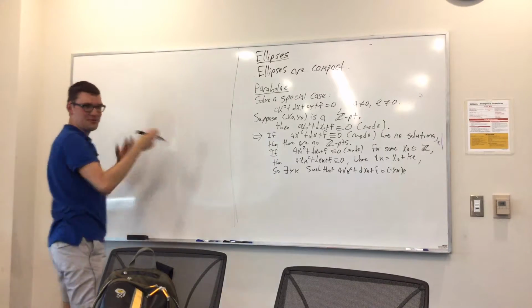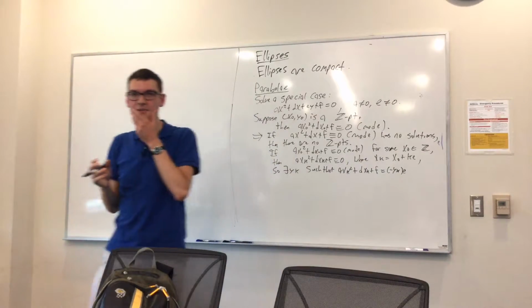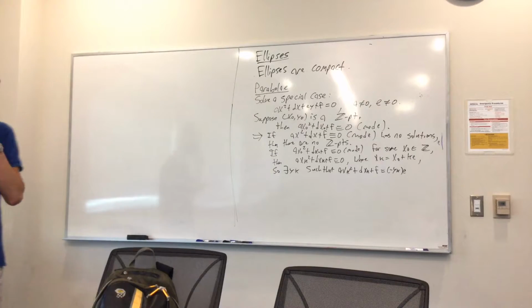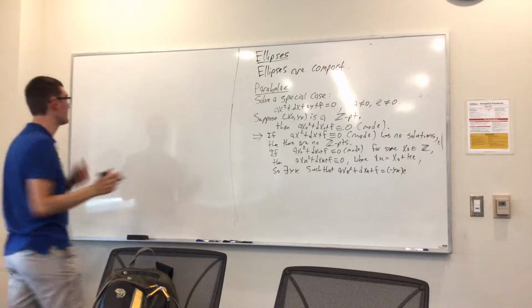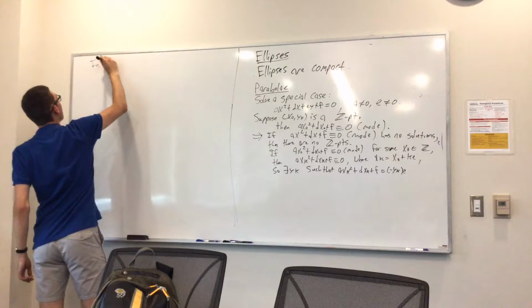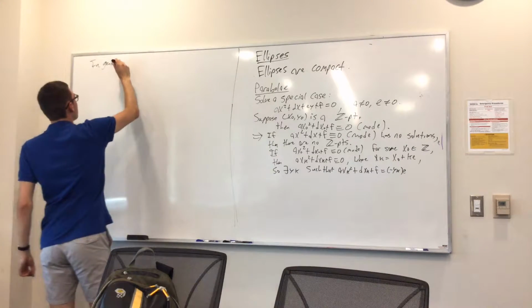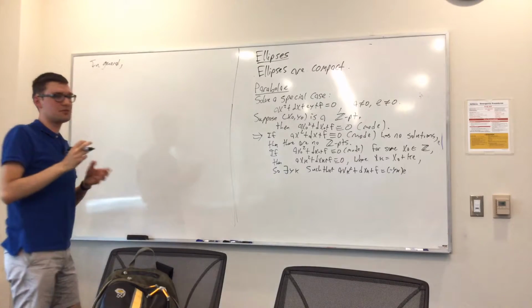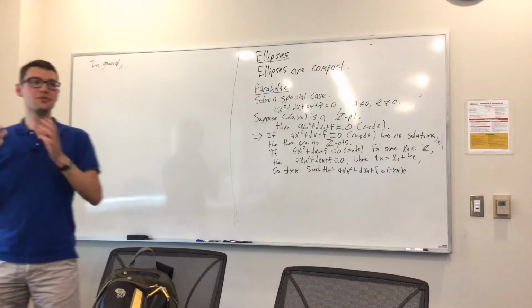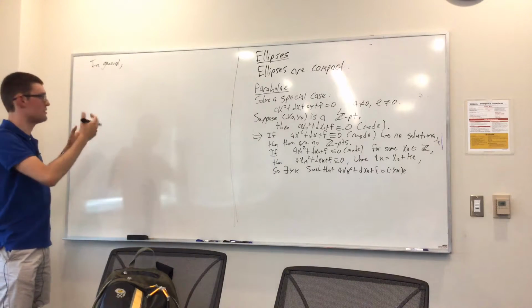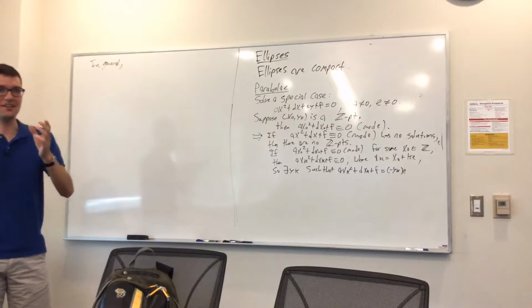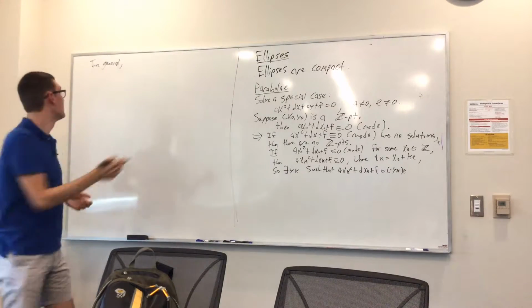Okay, so we've got the special case done. It turns out the general case is not too much further away than the special case. Roughly speaking, in general I'm going to hit it with a linear change of variables defined over the integers. Basically, I can give you a matrix in SL2Z representing this change of variables.